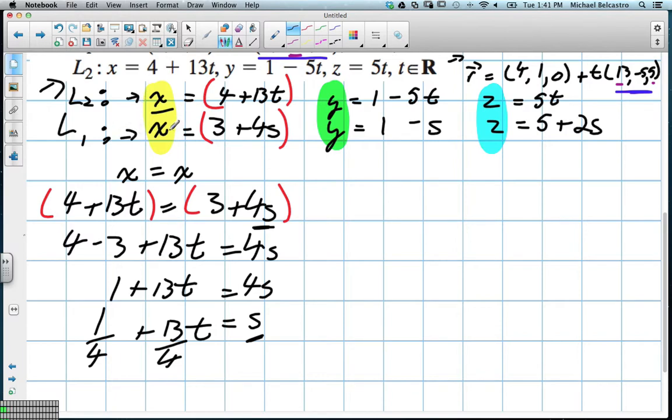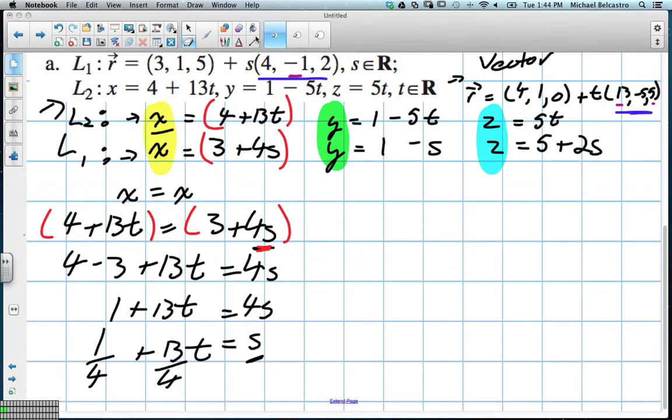And I think I'll plug it into this one for s. Okay? So we'll take this equation here, oh no, sorry, we need one for t. I'm getting confused. Give me a second. What if you just plug that 1 over 4 plus 13t over 4 back into the top?